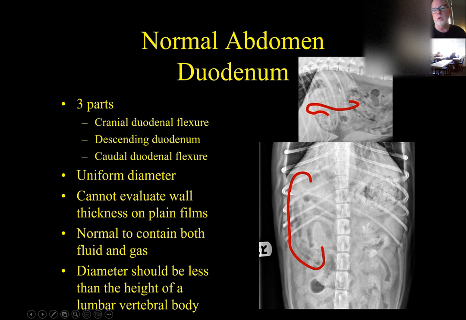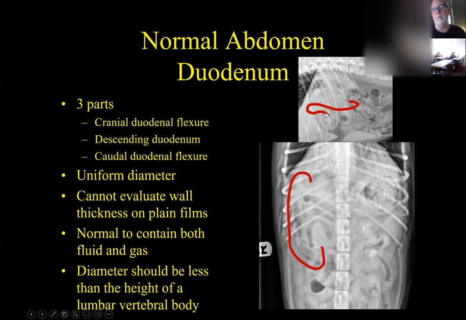So the duodenum comes down in here, and then somewhere down in the mid abdomen, it will go medial and turn into the caudal duodenal flexure. That gives rise to the jejunum, which are these small lazy loops we just described throughout the remainder of the abdomen. On the lateral view, the pyloric region of the stomach lives ventrally, and it gives rise to the descending duodenum.